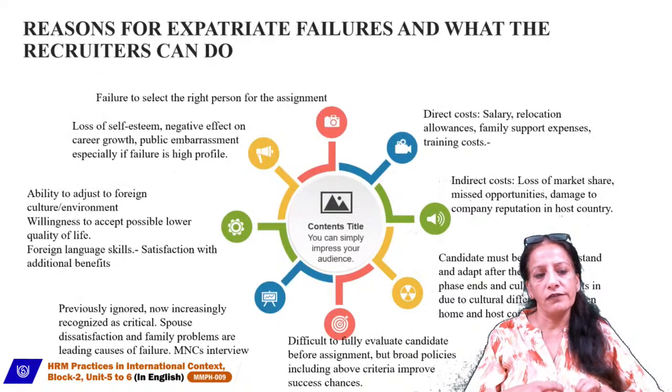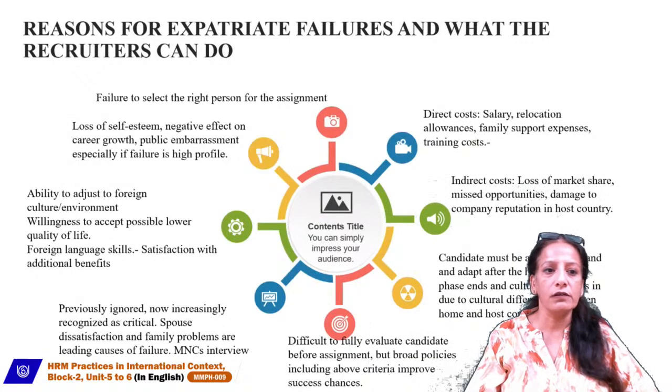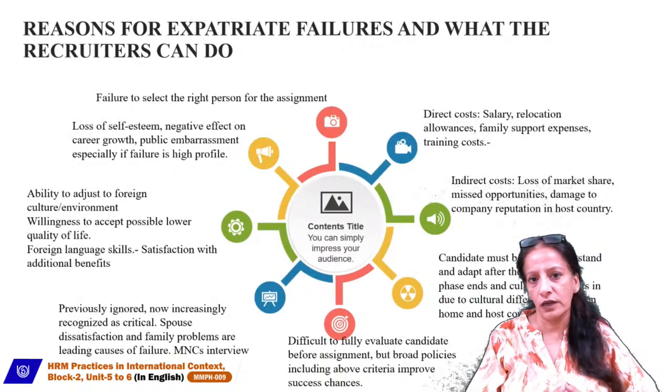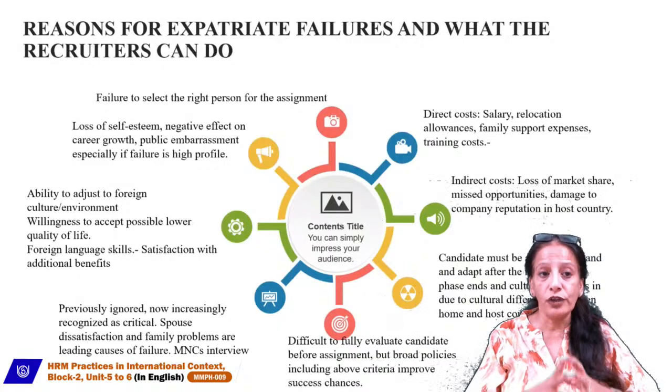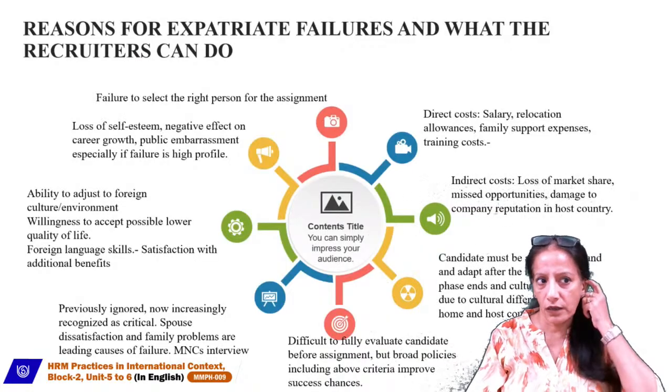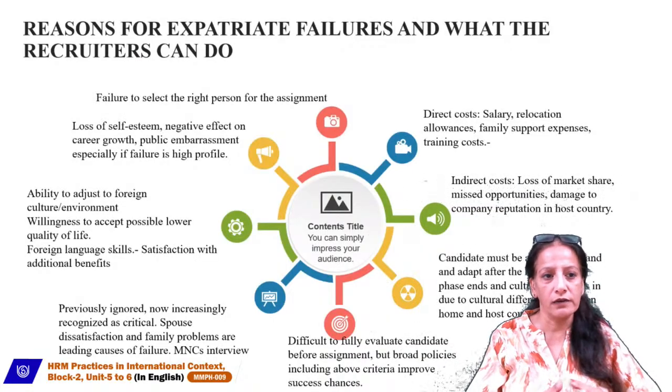Otherwise, as we have seen, the 30 to 50% expatriate failure happens when they are going through the cultural shock, because it is very difficult to fully evaluate the candidate before assignment. But broad policies can be designed in a way, and the criteria have to be mentioned, to improve the chances of success.